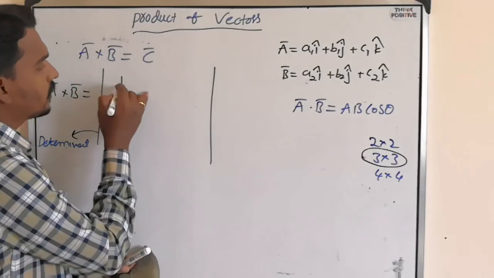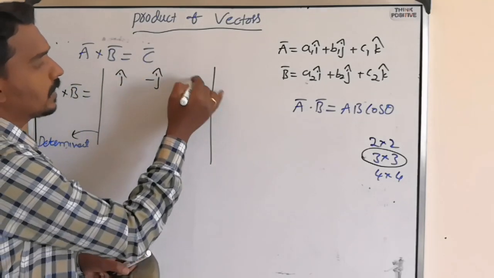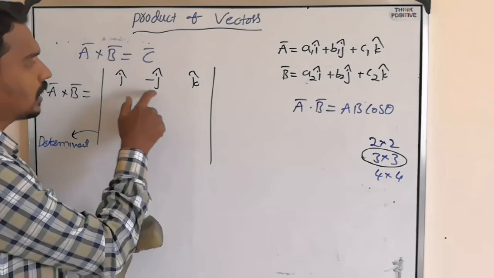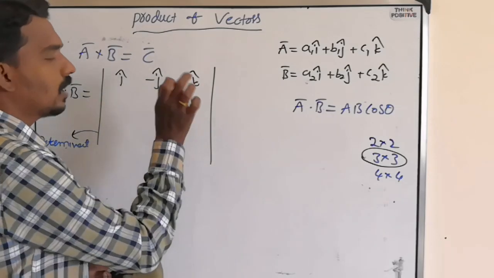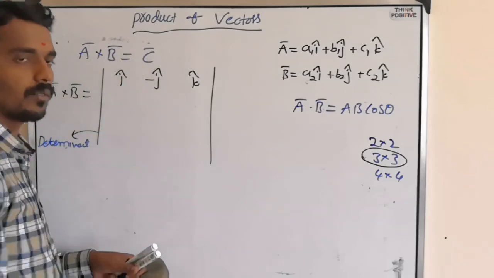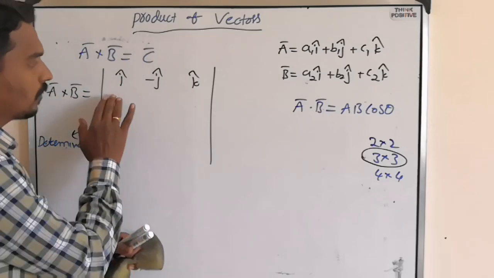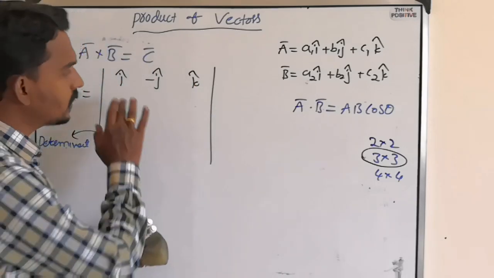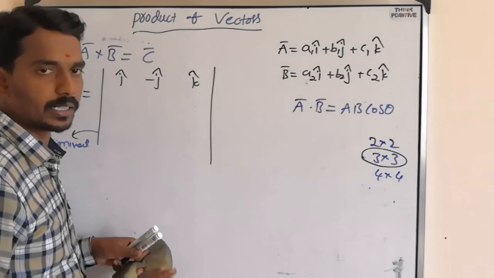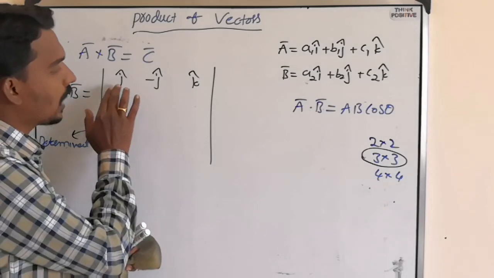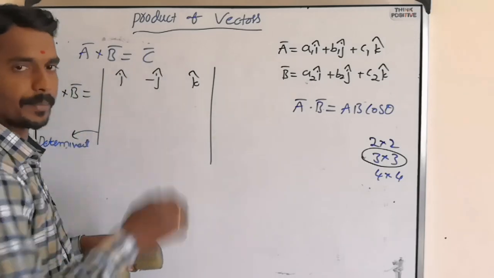The first row is always i, minus j, k, because alternate plus and minus will come for any row or any one column. So we always choose the first row because it is fixed for any two vectors. First row i, minus j, k.